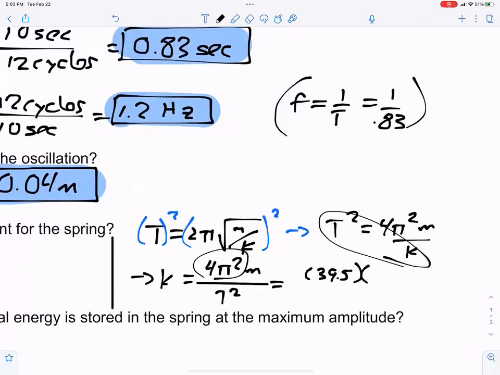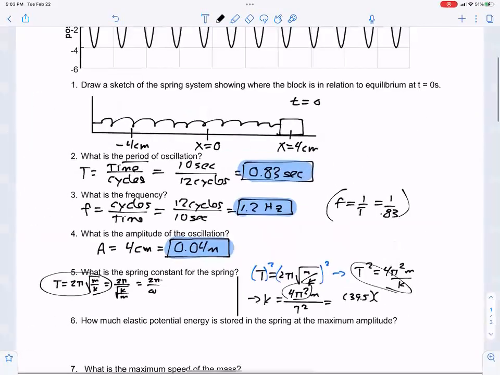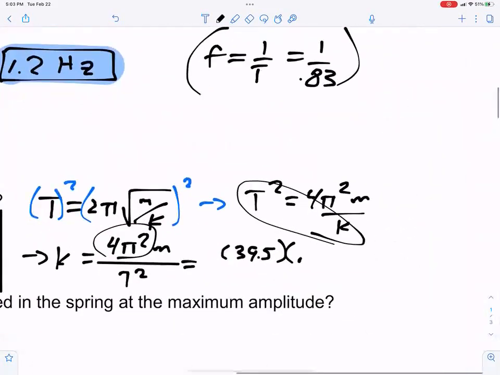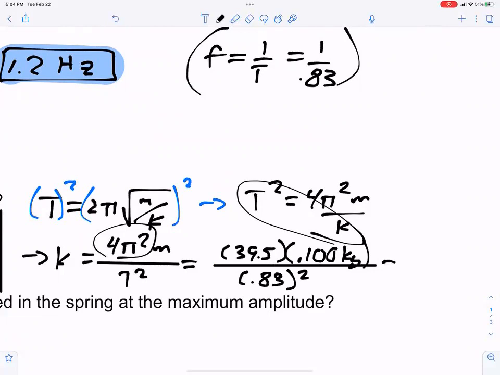Multiply that times the mass, which was 100 grams. So 0.100 kilograms. Got to convert to kilograms. Divided by the period squared. Well, the period, if you remember, was 0.83. So about 0.83 squared. So we're going to go 4 times pi squared, and we're going to multiply that times 0.100, and we get about 3.9478, something like that on top, divided by 0.83 squared.